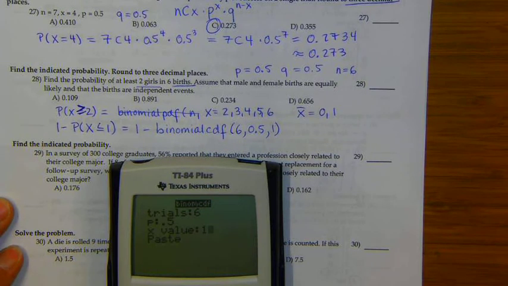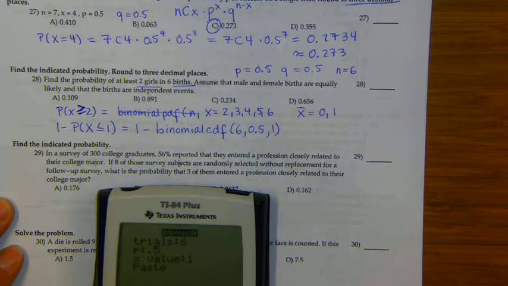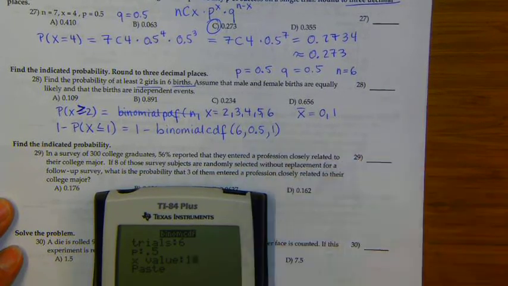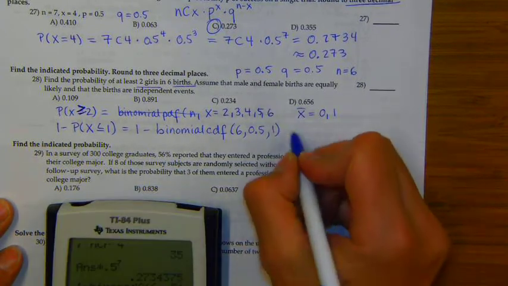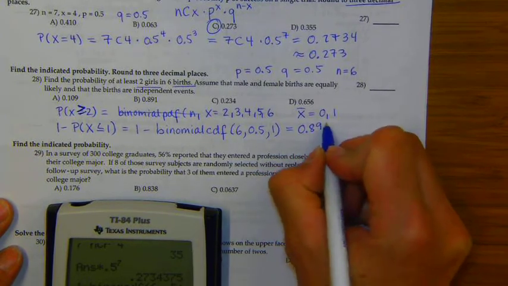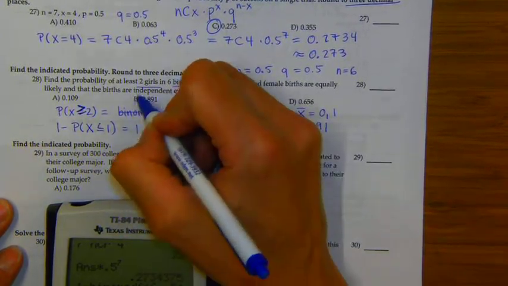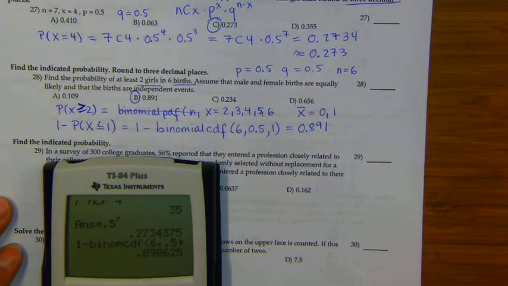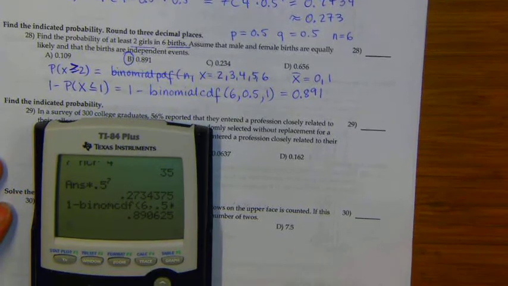Now in some of these TI-83s, you have to enter this side by side, the way I wrote it over here. So let's go to paste, and we hit enter, and the probability is 0.891, rounded to 3 decimals, which is answer B. Sorry, I have to move this up a little so you can see it.